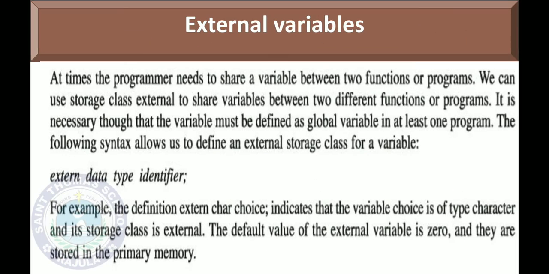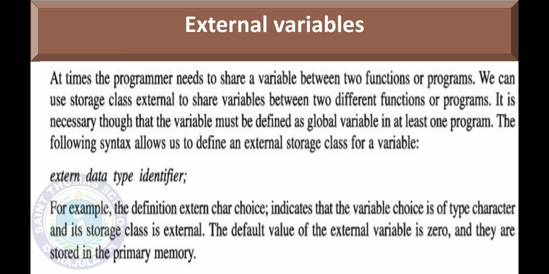Then the next storage class is the external variable. C language provides modularity by creating functions. When programmers are working with functions, and if they want to share one variable across many programs or many functions, then they have to store that variable in the external storage class.